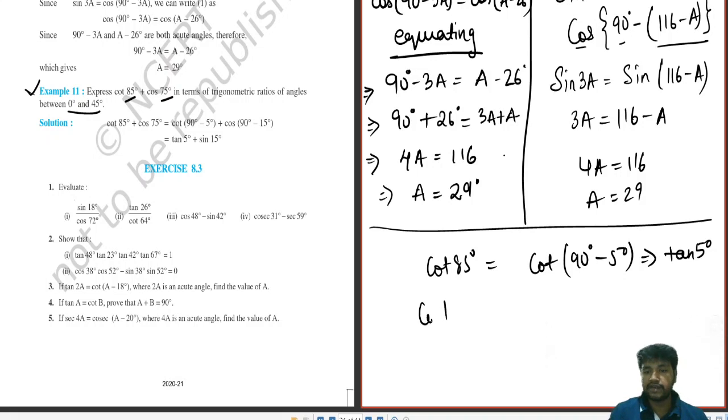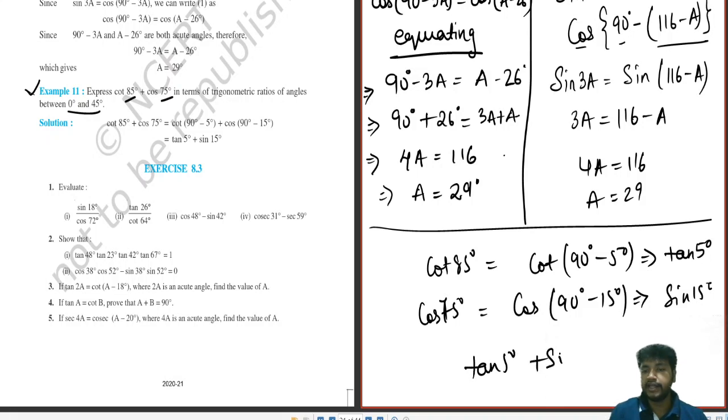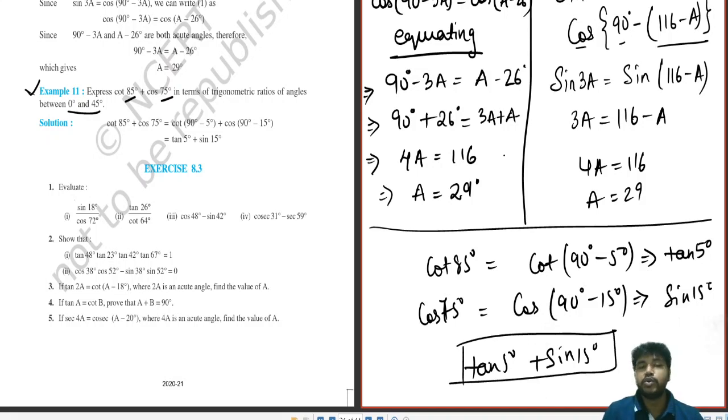Secondly, cos 75 degree is cos(90 minus 15 degree), that is ultimately sin 15 degree. They are in addition, so we can write it as tan 5 degree plus sin 15 degree. This is what we have to do in this sum: convert both the values to between 0 and 45 degree. Just that. This is your answer.